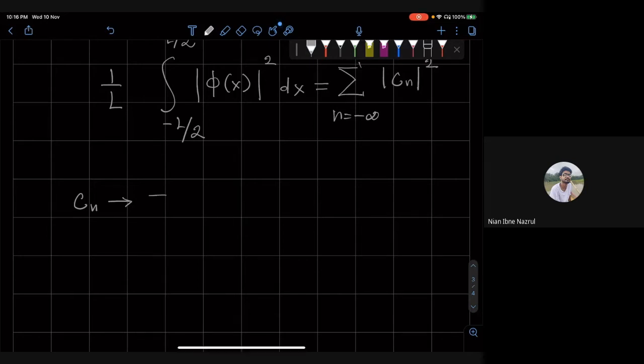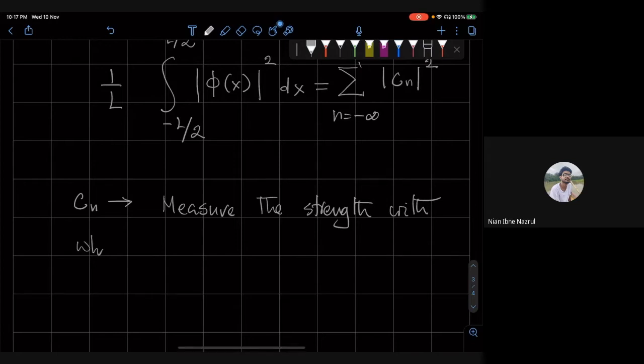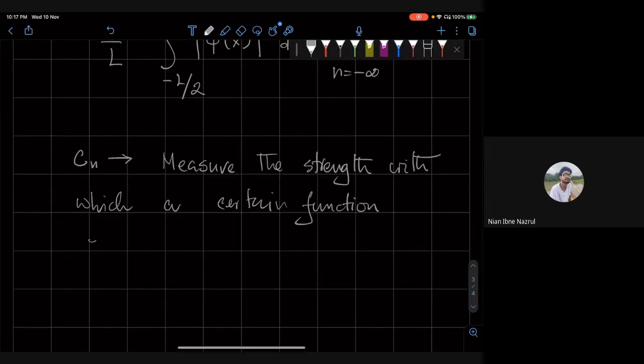The Cn's measure the strength with which a certain function, or basis function, e to the power 2 pi i n x over L, contributes to phi of x, right?